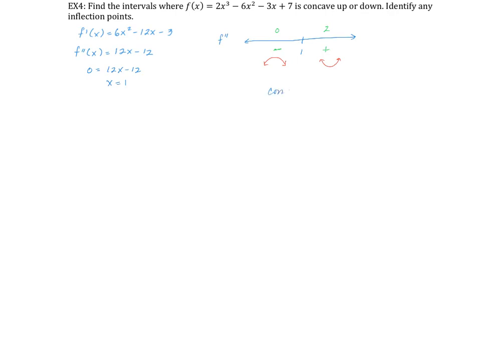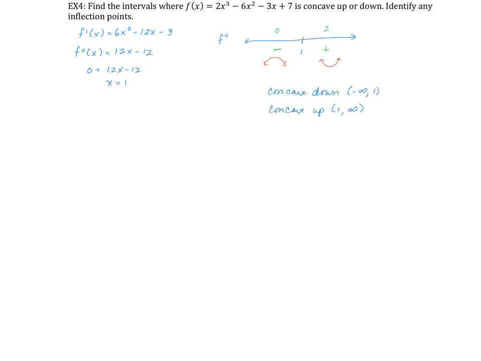So concave down, the interval would be from negative infinity to 1. And then we have concave up from 1 to positive infinity. Now notice that the sign changed from negative to positive.